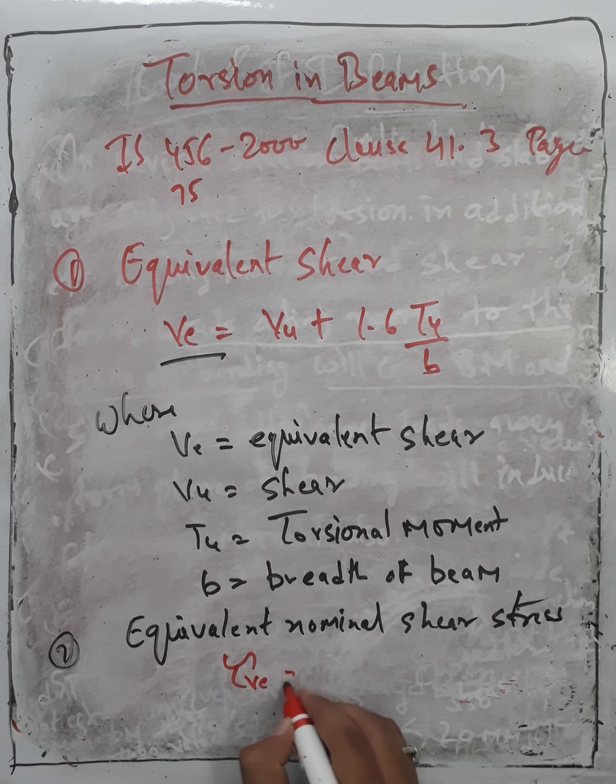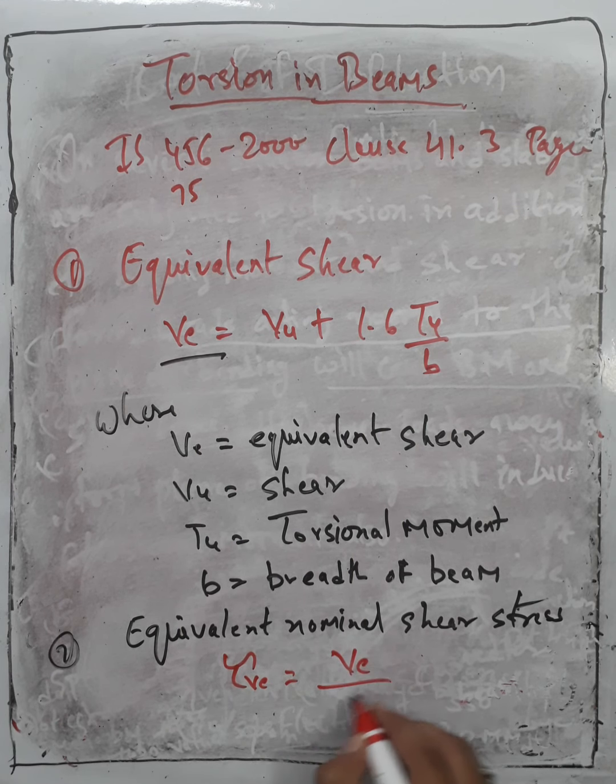So tau VE is equal to VE upon small bd. So you first find the equivalent shear, and this equivalent shear you put in our equation: tau VE is equal to VE upon bd.